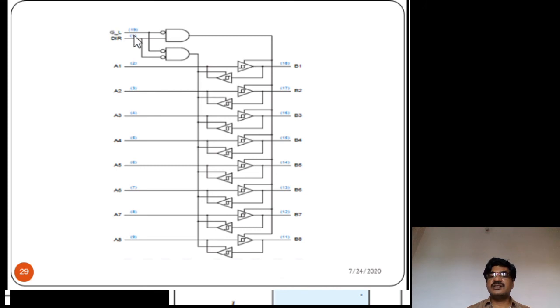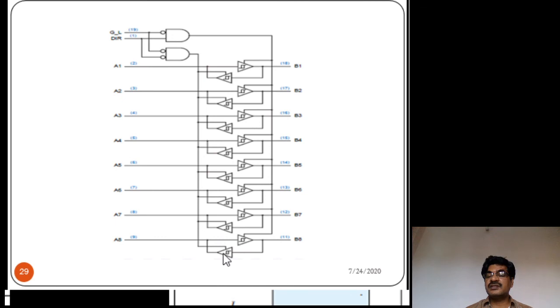Since the outputs of these AND gates act as enable inputs for these buffers, all the lower buffers are in enable mode now.